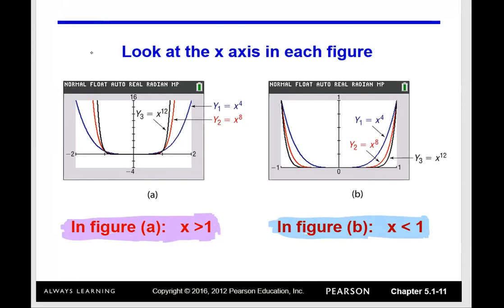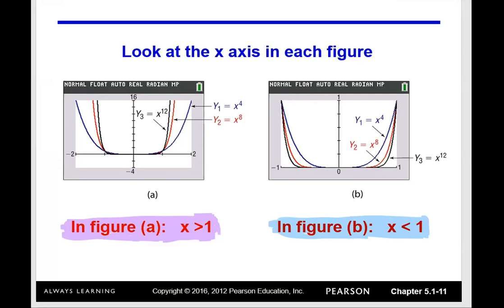It's flattening out still, because you can see the blue one is still x to the 4th, the red one is still x to the 8th, and the black one is still x to the 12th, but it's flattening out further away from the y-axis. It's like in reverse, if you can see that. That's what a base of a fraction will do to you.